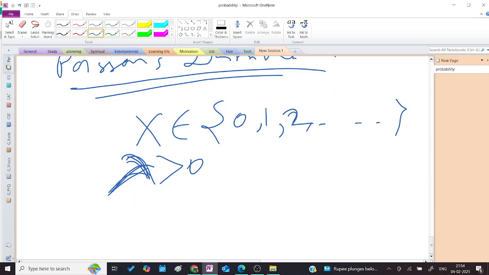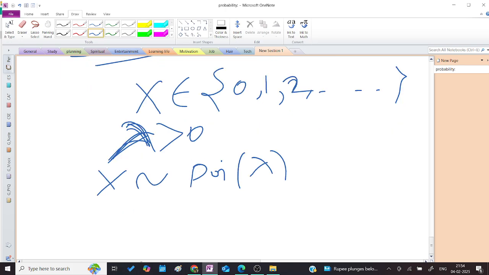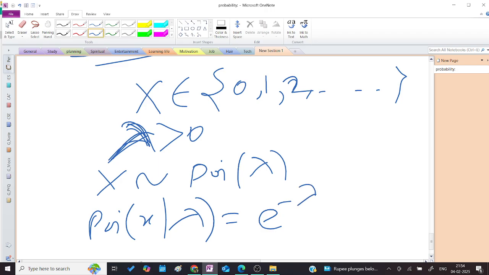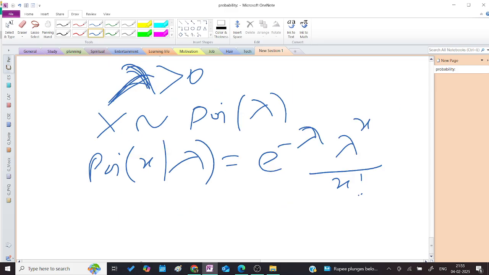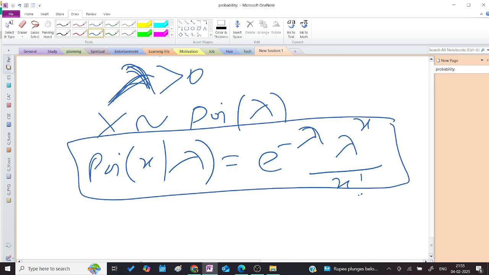Okay, so if x follows Poisson distribution with parameter lambda, then Poisson of x given lambda is equal to e to the power minus lambda times lambda to the power x, divided by x factorial. This is the formula.